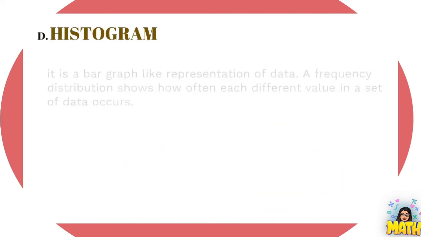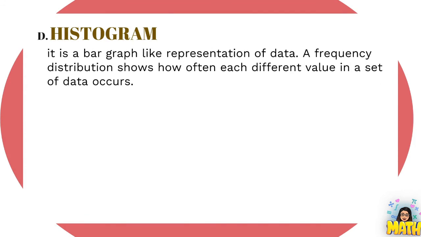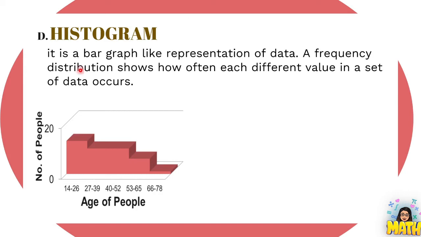The fourth is histogram. It is a bar graph-like representation of data. Almost similar to sa bar graph, pero dito ay dikit-dikit ang bars nila. A frequency distribution shows how often each different value in a set of data occurs. This is usually applicable for quantitative or continuous data.